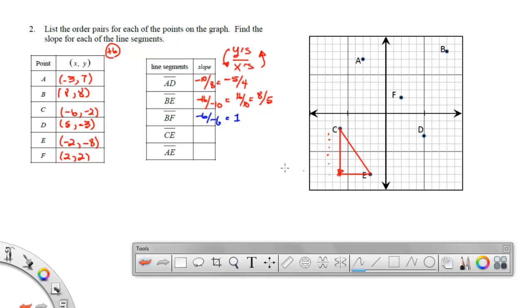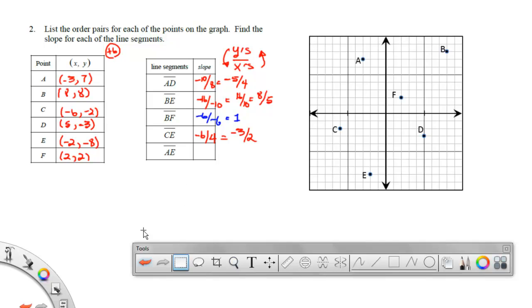That's in the negative direction, so that will be a negative 6. And then I count to the right, 1, 2, 3, 4 on the x. So that divides by 2, that divides by 2, so that slope was a negative 3 over 2. It's the correct slope. Now let's do the last one here.